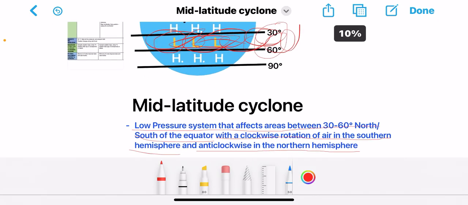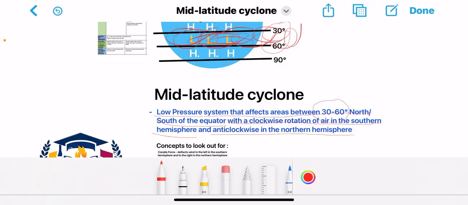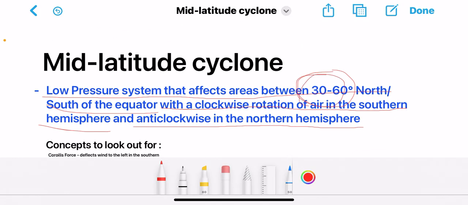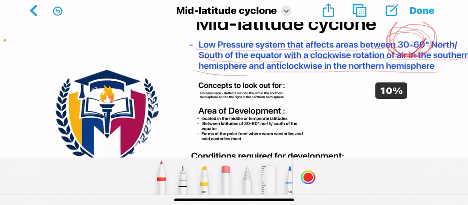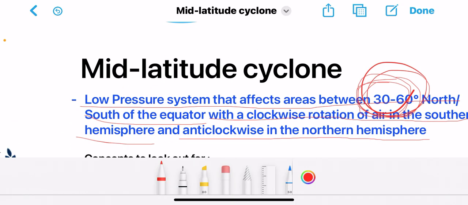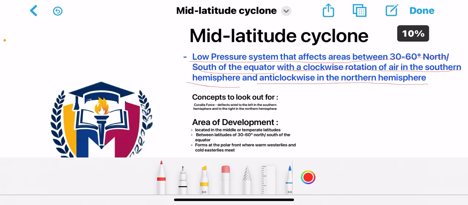Why does it affect these areas? Let's wait, I'll come to why it forms between 30 to 60 degrees. Let us continue.